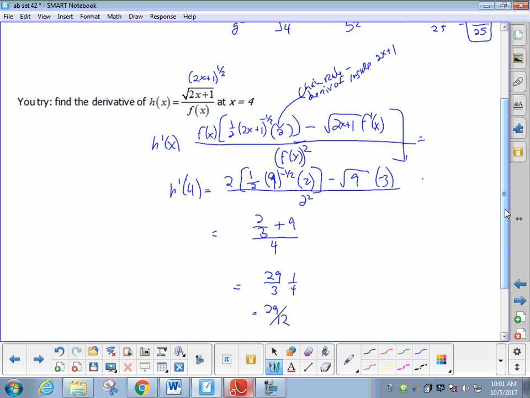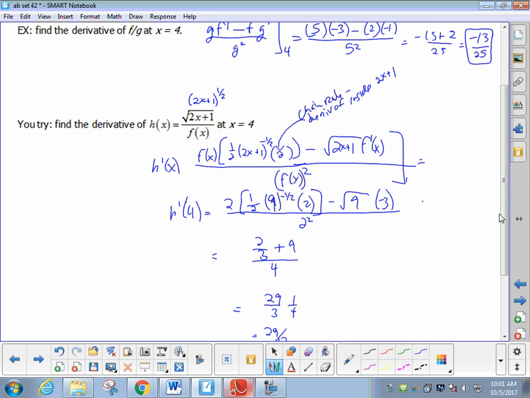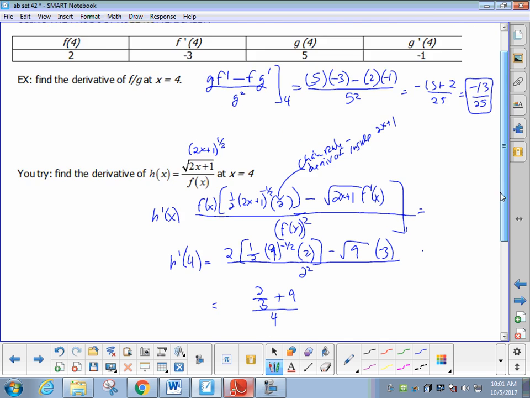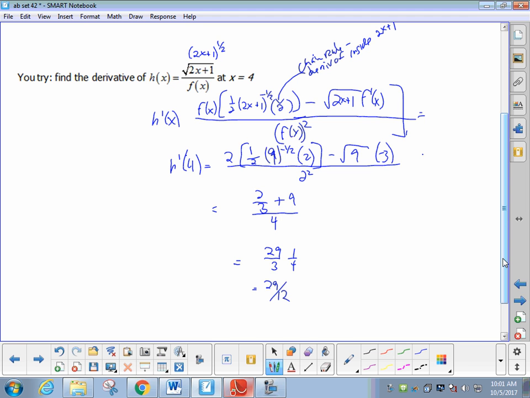All right, substituting in then, I still have f at 4, maybe I put in the wrong, f at 4 is 2, 1/2, and if 4 goes in for x, then I get 9 to the negative 1/2, and the 2 is still there, minus f of the root at 4 is square root of 9, and f prime of x is negative 3, that's good, over 4, I think I'm good there. So did you get a 2/3 in the upper left product?